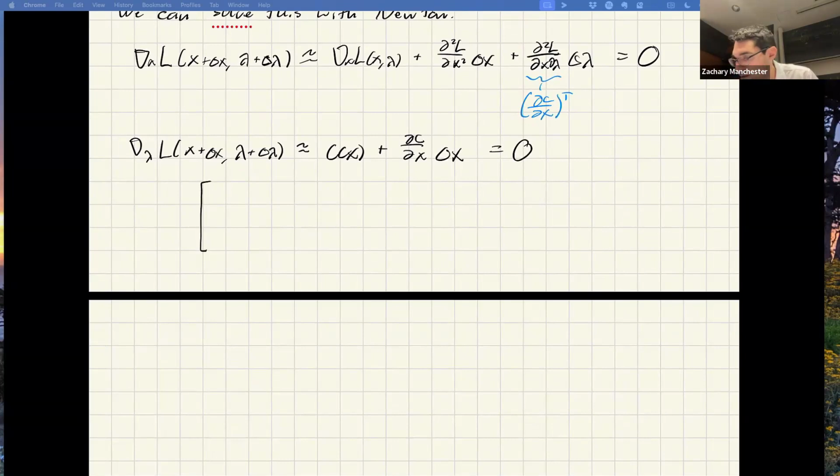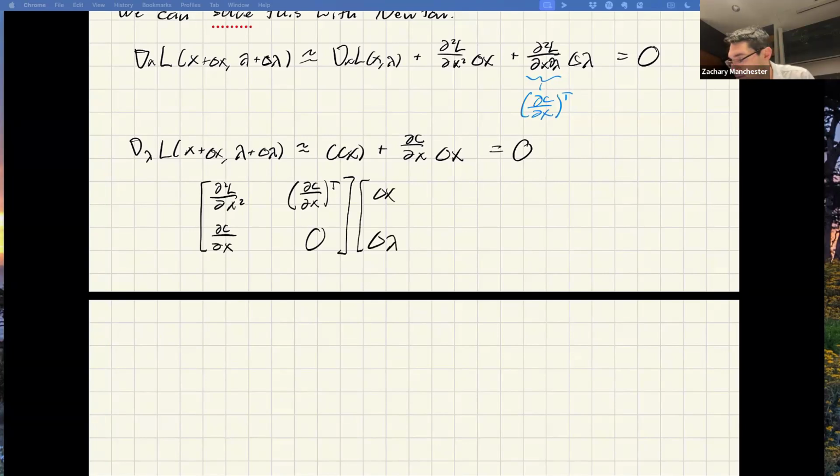We're going to have d squared L d x squared, partial c partial x transpose, partial c partial x, and then 0. We're going to solve for delta x, delta lambda. And then the right-hand side is going to be minus the gradient with respect to x of the Lagrangian, and then minus c of x.